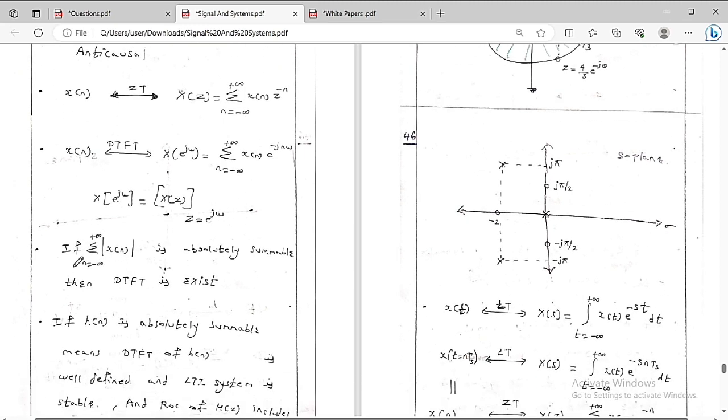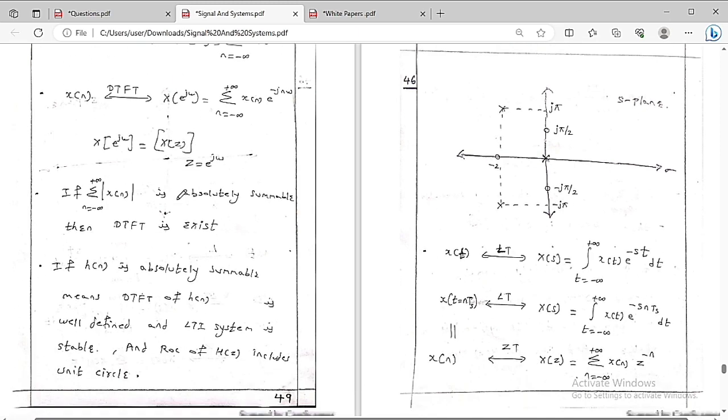And I told you, whenever a given signal is absolutely summable, the discrete-time Fourier transform is going to exist. It depends on each and every value of omega. If h of n is absolutely summable, what is the meaning of this? If h of n is absolutely summable, then only the discrete-time Fourier transform of the given signal is going to exist.